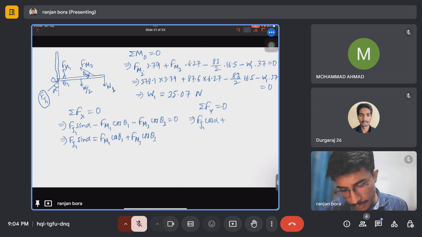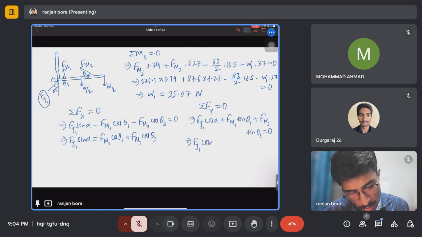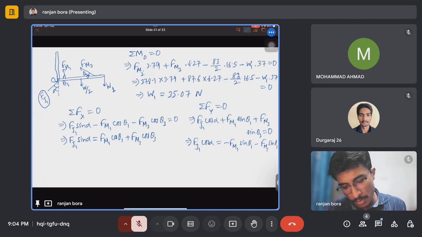Plus sin theta 1 plus... from here Fj1 cos alpha equal to secant theta. So this is our equation 1 and this is equation 2.